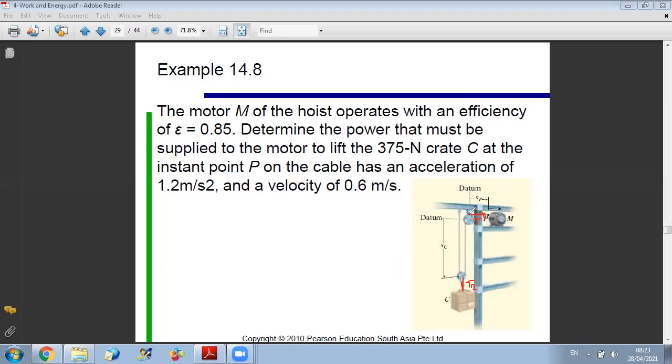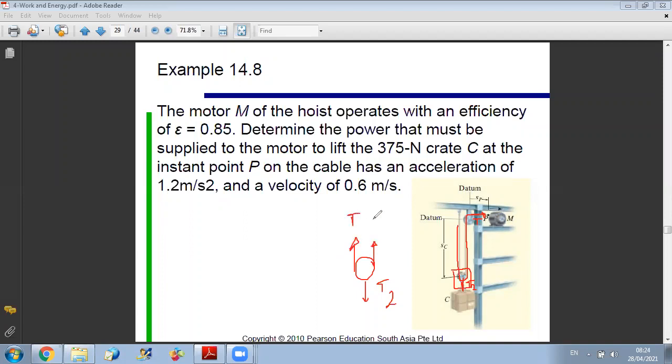Look, this cable, the tension is the same over the cable here. Okay? So if I take this pulley as my system, I will have from this side T2, and I will have here 2T, one from the first side, one from the other side.